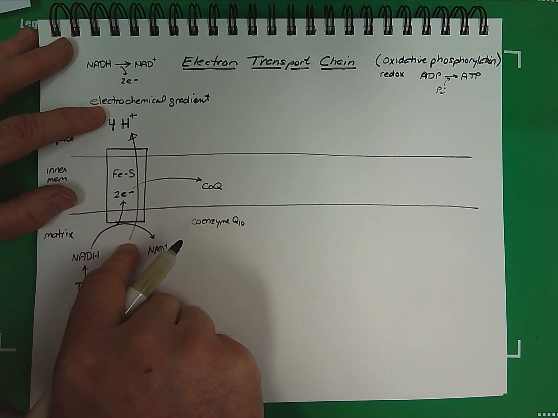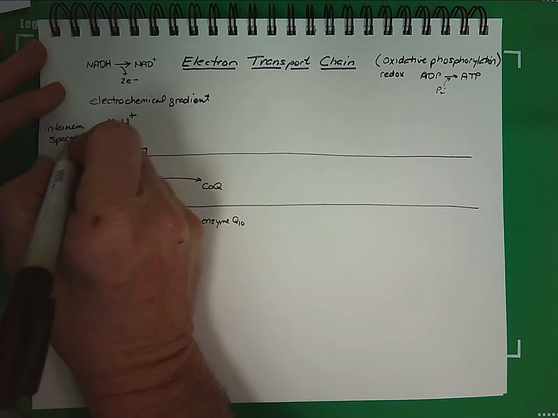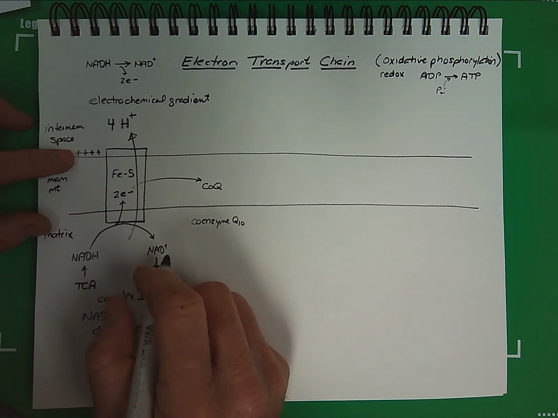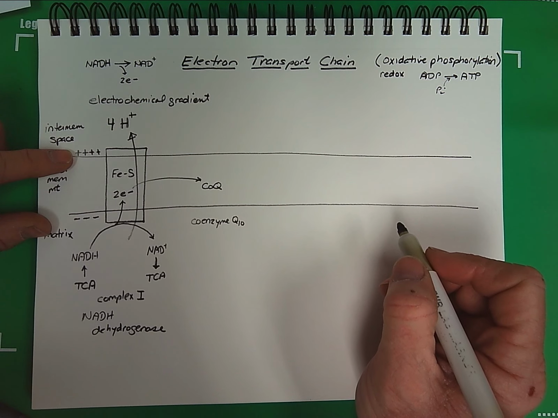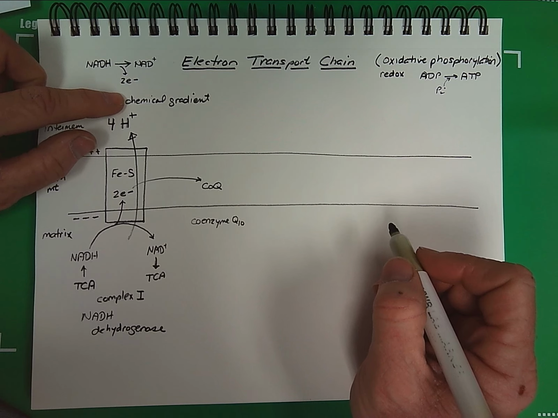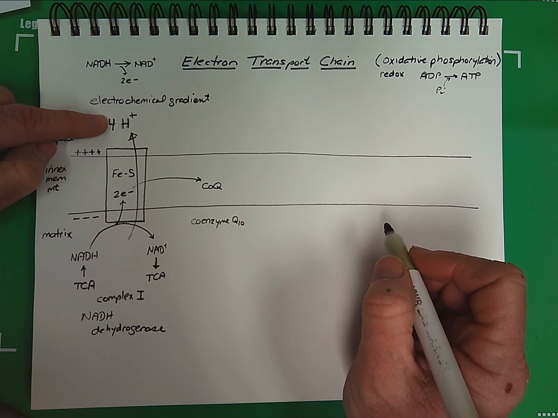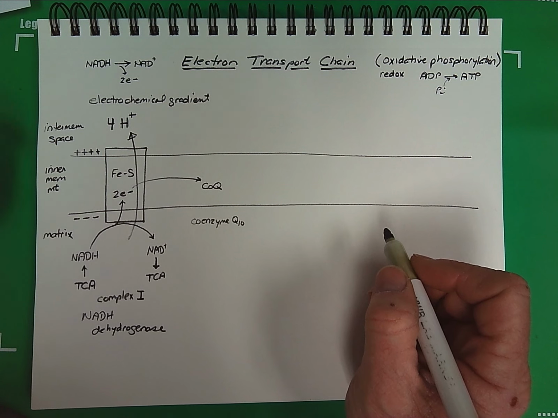It's an electrical gradient because we have a separation of charge. This is a proton, so protons have a positive charge. So we will be creating a positive charge on the outside of the membrane and a little bit more negative charge on the inside. It is a chemical gradient because protons are chemical, and so we have a higher concentration of protons in the intermembrane space than in the matrix.